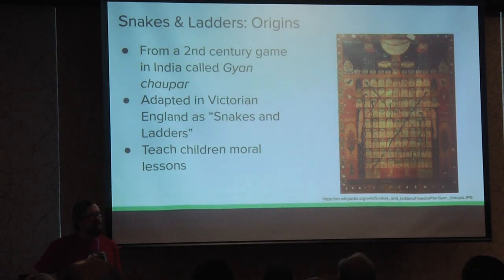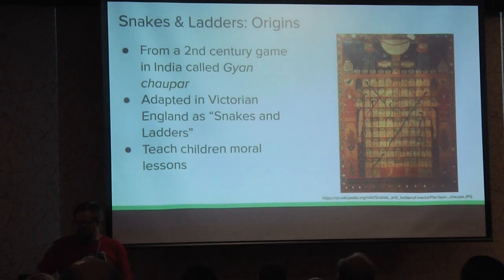And it was primarily used to teach people morality lessons, right? So if you look at this board, and this is from a museum in India, you can see the snakes on it. I don't know if I can do the cursor here. The photo is kind of small, but the snakes are like vices, right?